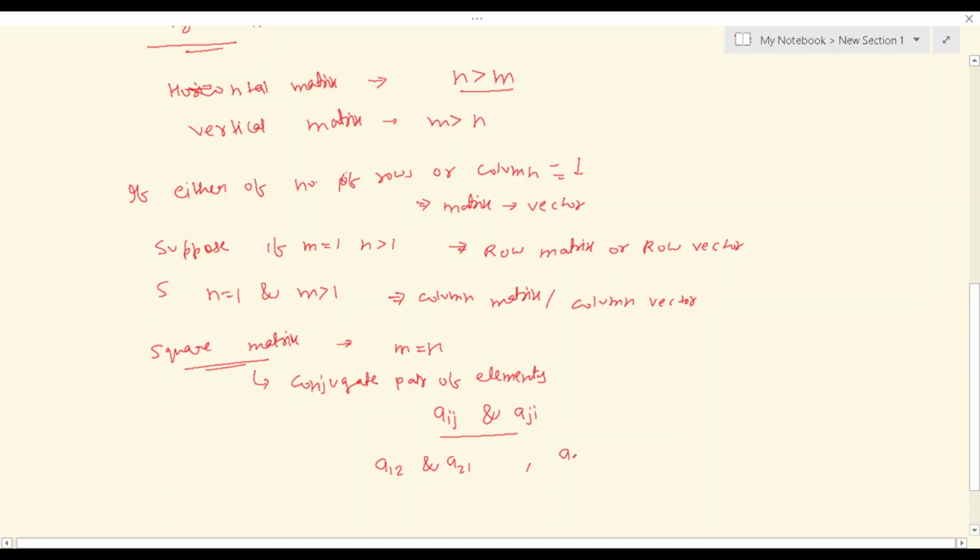Or take anything, A35 and A53, these are what? Conjugate pair of elements. Okay. And these terms, A11, A22, A33, these are diagonal elements. Remember my words, these terms like diagonal element or conjugate pair of elements are defined only for a square matrix.